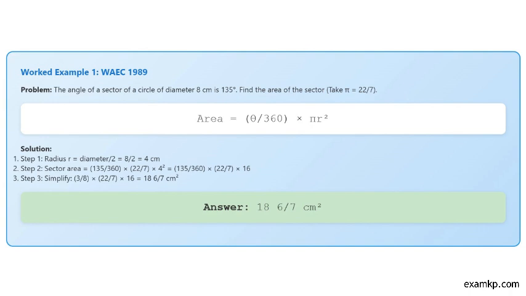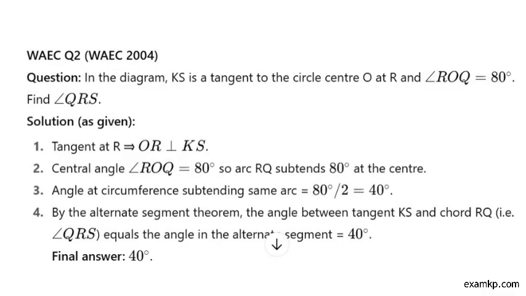So my area is then 135/360 times 22/7 times r squared, which is 4 squared. So 135/360 is 3/8. So your area is now 3/8 times 22/7 times 16, which is equal to 18 6/7 centimeters squared.